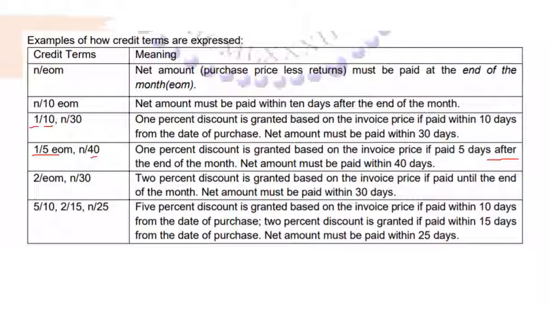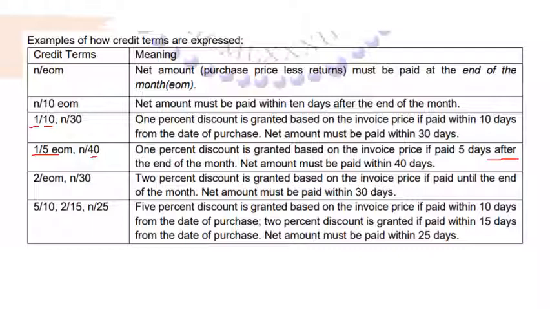If you paid within 10 days, you'll get 5%. But if you paid from the 11th until the 15th day, you only get 2%. It's not that you will get both 5 and 2%.